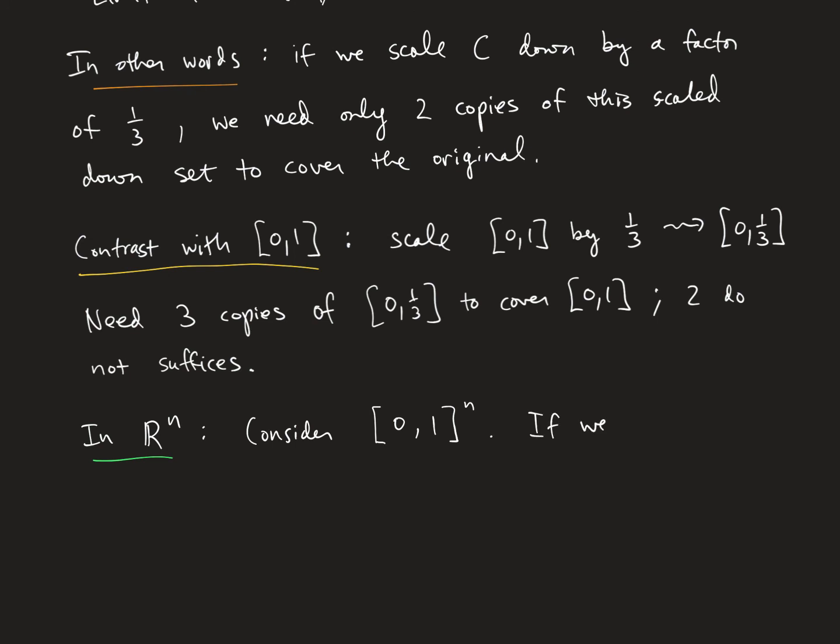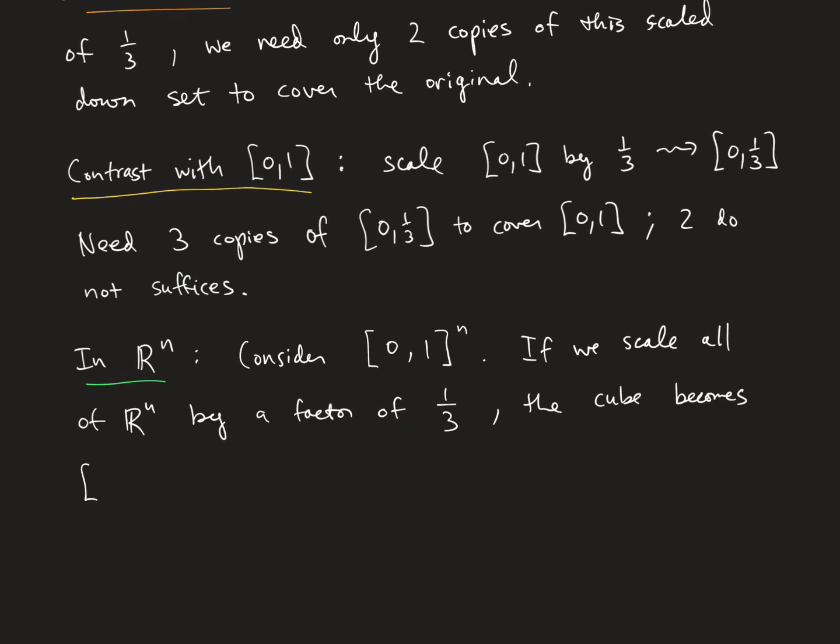So if we scale all of R^n by a factor of 1/3 to be precise, the cube becomes 0, 1/3 to the n.